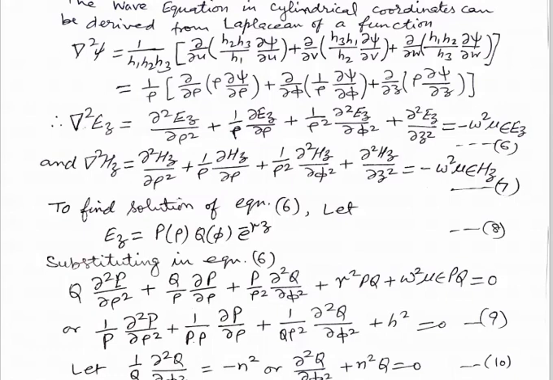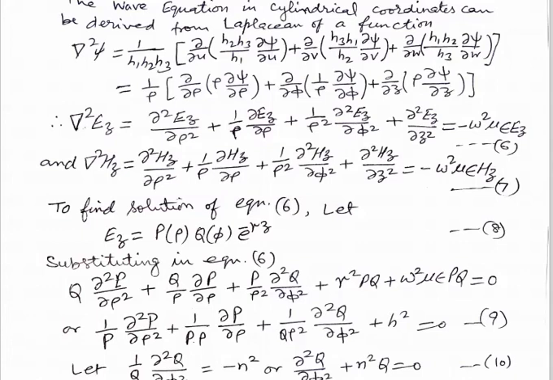Now to find the solution of equations 6 and 7, first we find the solution for equation number 6. We consider a wave propagating along the z axis. The electric field component Ez is given by the product of two functions p and q, where p is a function of rho only and q is a function of phi only, into e raised to the power minus gamma z for the propagation along the z axis.